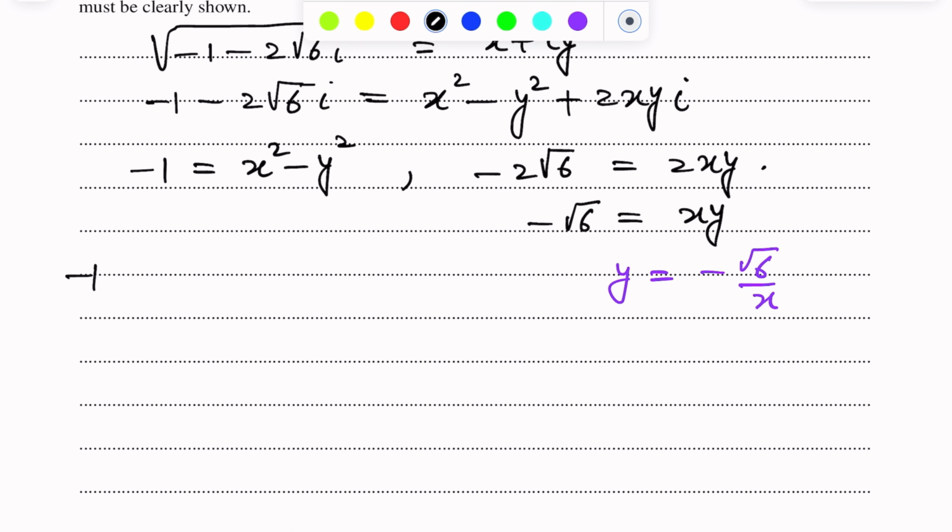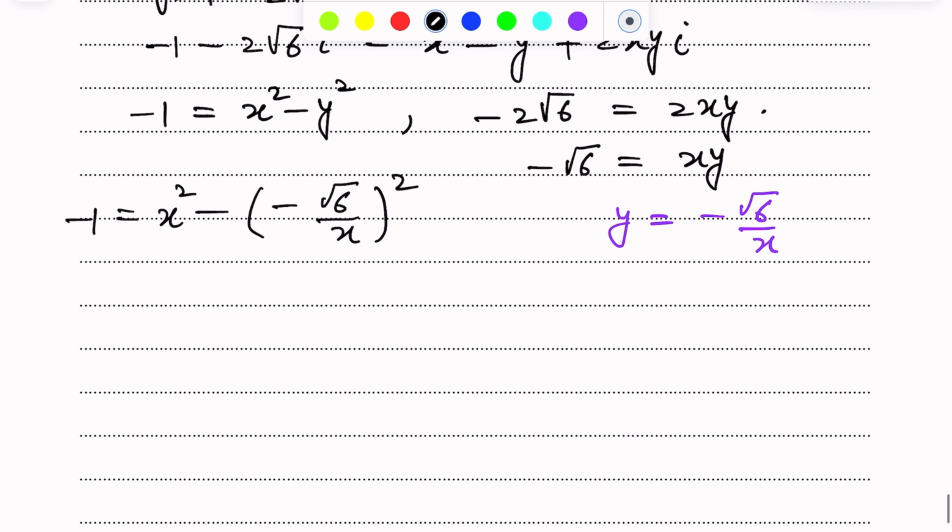So minus 1 is equal to x square minus y square. The value of y is this, so minus 1 is equal to x square minus, under root 6 over x whole square. Simplifying we get minus 1 is equal to x square minus 6 over x square.